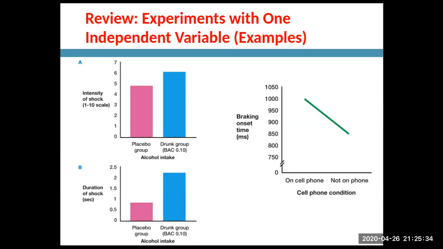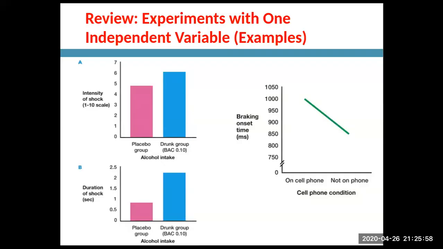For those of you not familiar, the legal limit is 0.08. So on average, people in this group are legally drunk. That is your alcohol intake. You can see the graph is nicely labeled. On the left is your y-axis. That's your measured variable, your dependent variable, whatever it is that we're measuring. In this case, in A, it's the intensity of shock on a 1 to 10 scale.